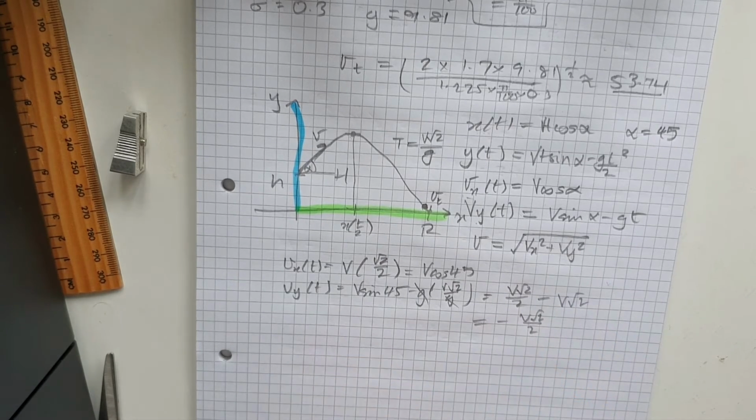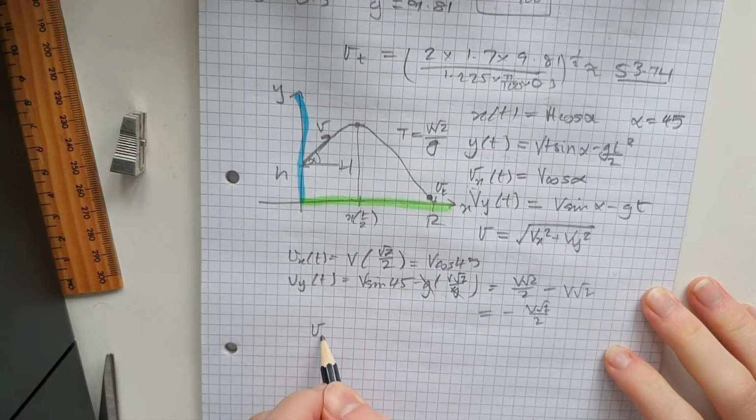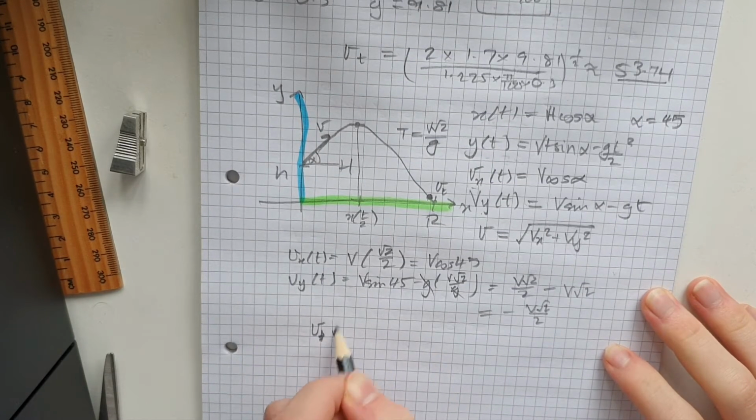Okay, so now we can calculate big V, which is the square root of the squares of them.